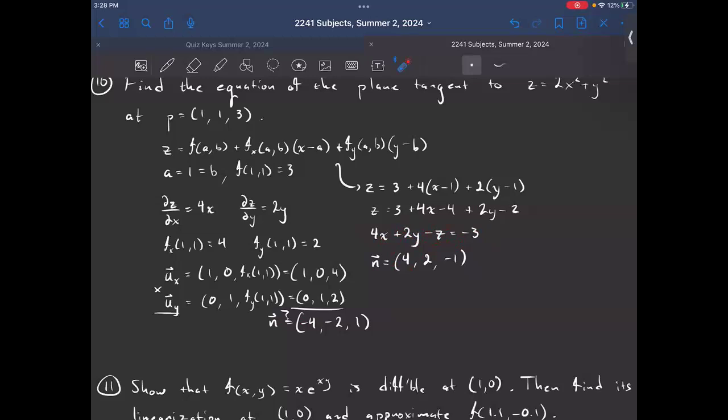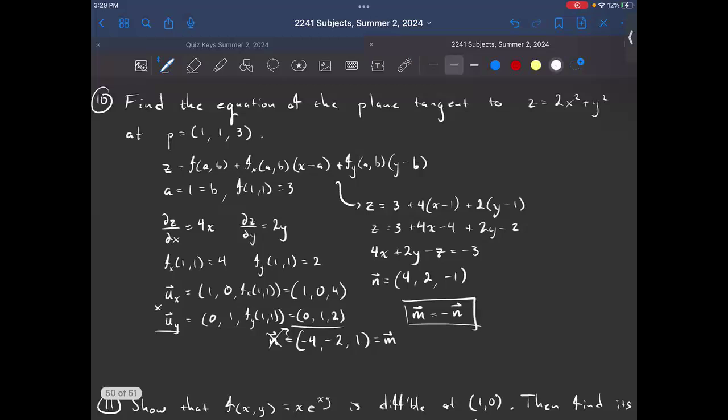So what's happening here is that this, let's call it not n, but maybe m. So m is clearly the negative of the vector n. So we have normal vectors in different directions. And that corresponds to just a choice of positive direction for the tangent plane.